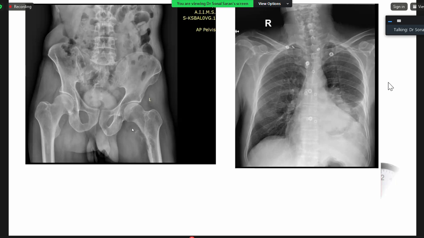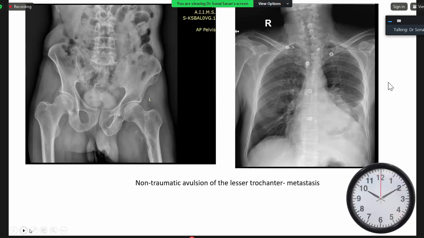There is avulsion fracture of the lesser trochanter and it is because of metastasis, unless proven otherwise, because lesser trochanter is rarely involved by an avulsion fracture. So it is pathological. And in the chest radiograph, we can see a large mass. So this is a case of bronchogenic carcinoma with lesser trochanteric metastasis.